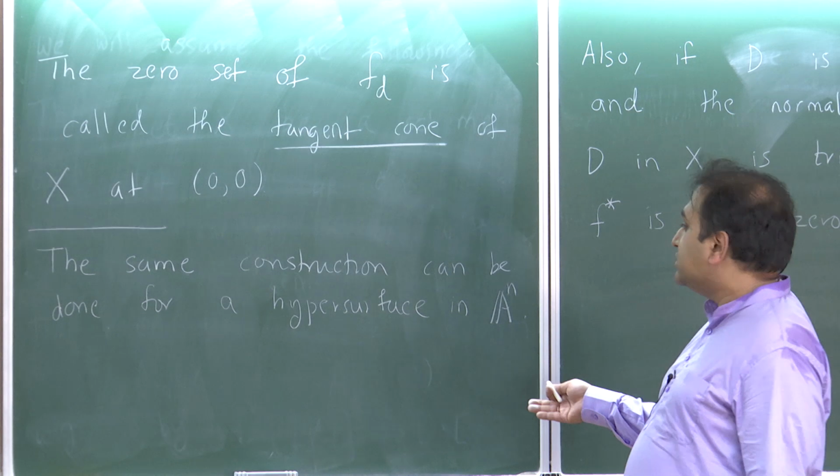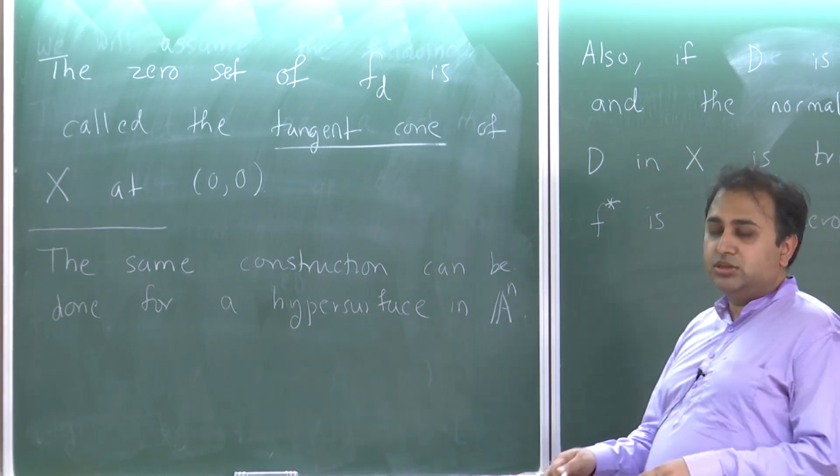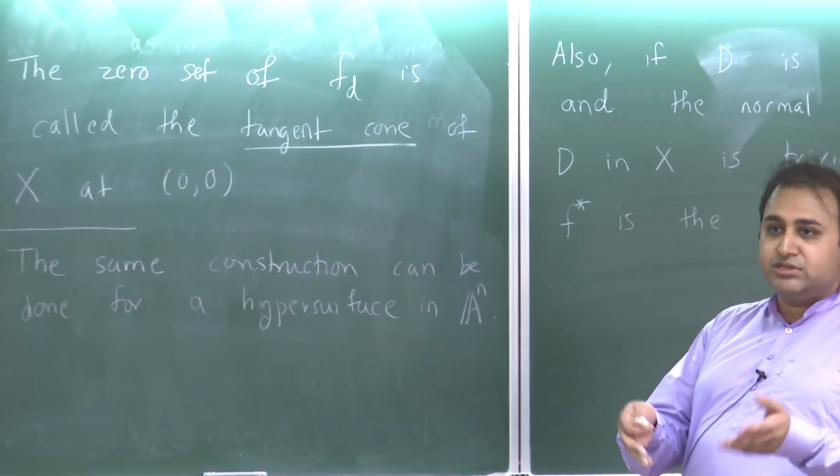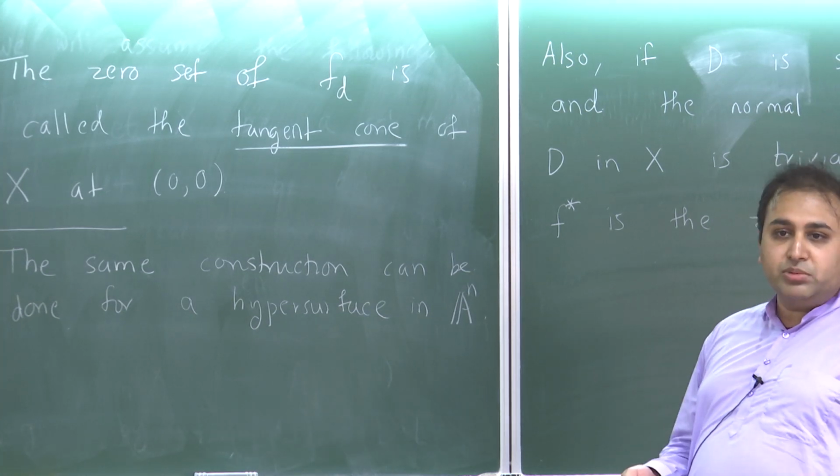Now, can we do it for something that is cut out by an ideal which is not generated by a single polynomial?